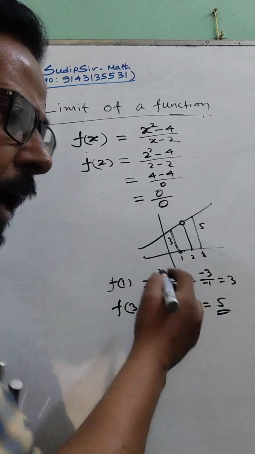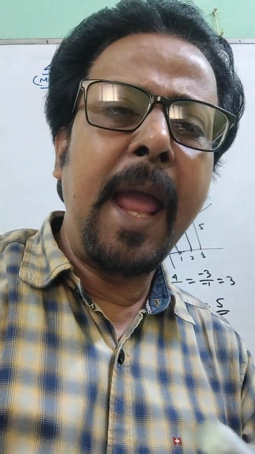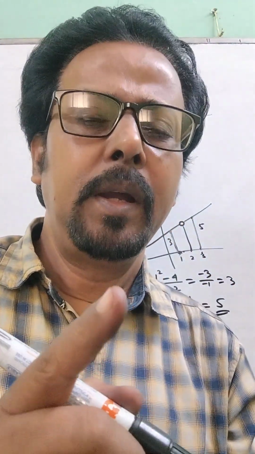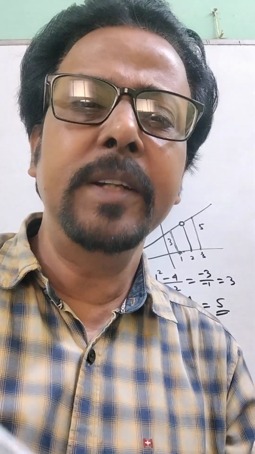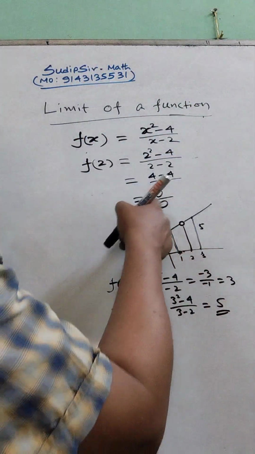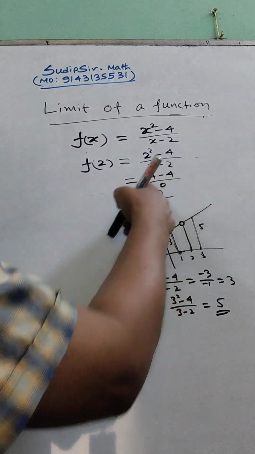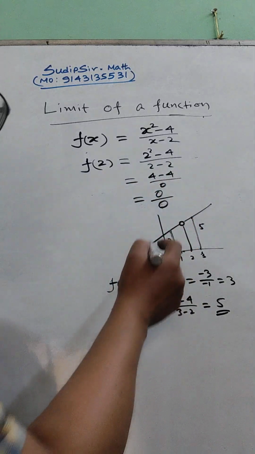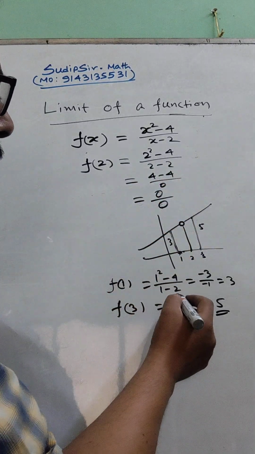Okay. Now what will be the approaching value of the function when x tends to 2? Just at x equal to 2, it is undefined.